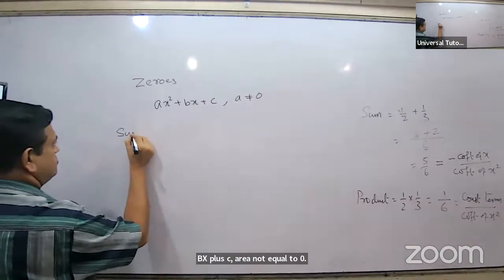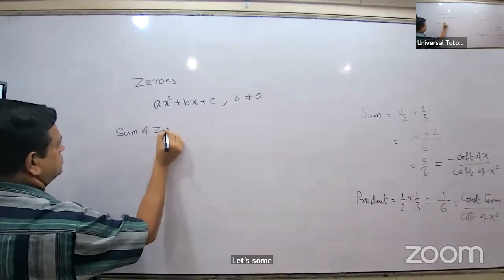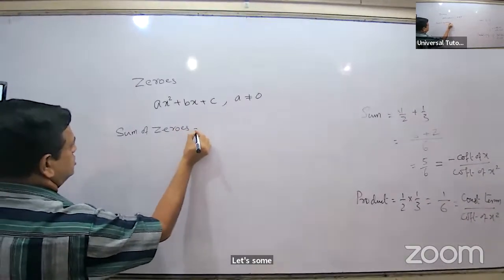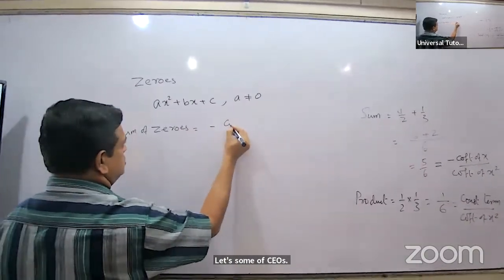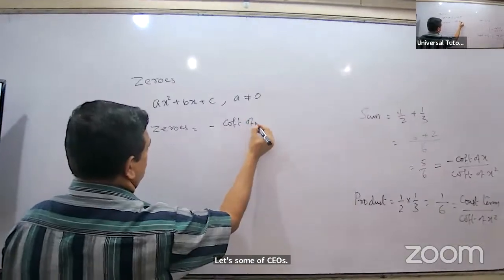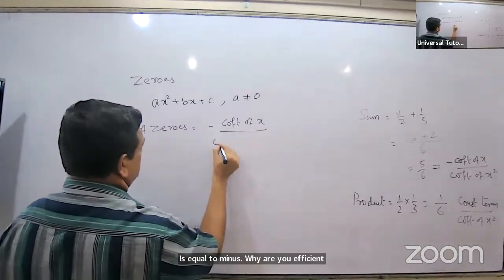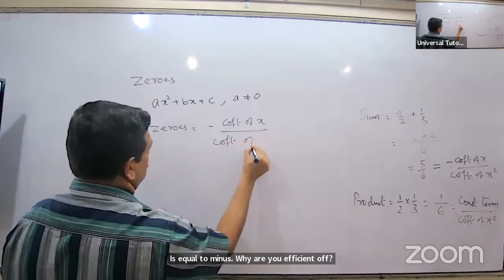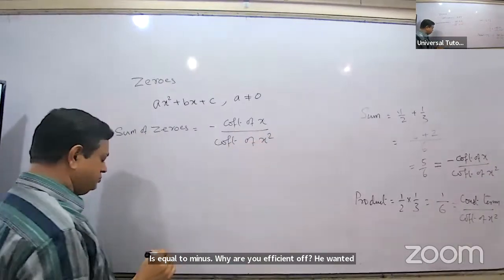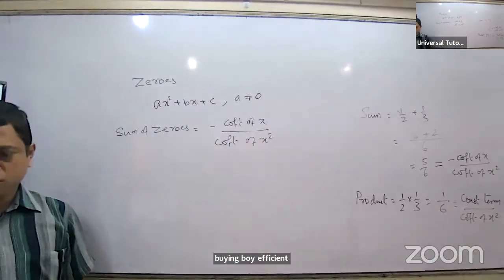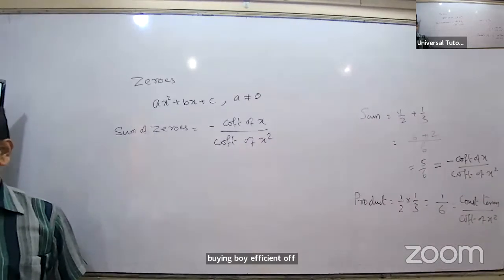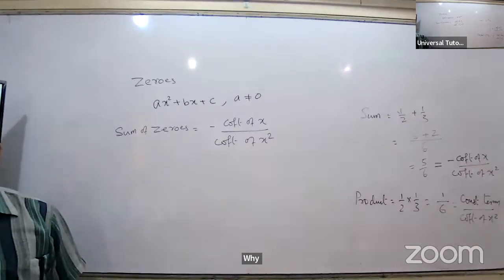First rule: the sum of zeros is equal to minus coefficient of x divided by coefficient of x square. Minus coefficient of x upon coefficient of x square.